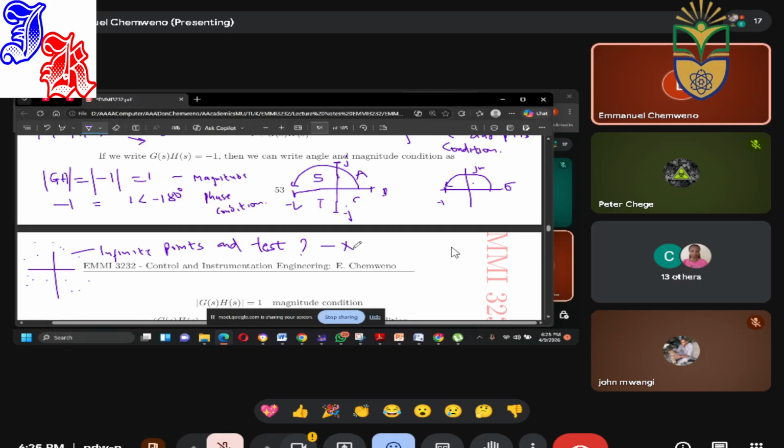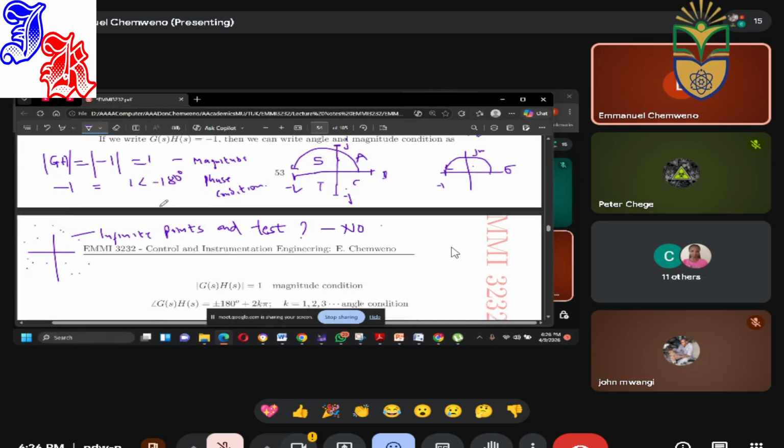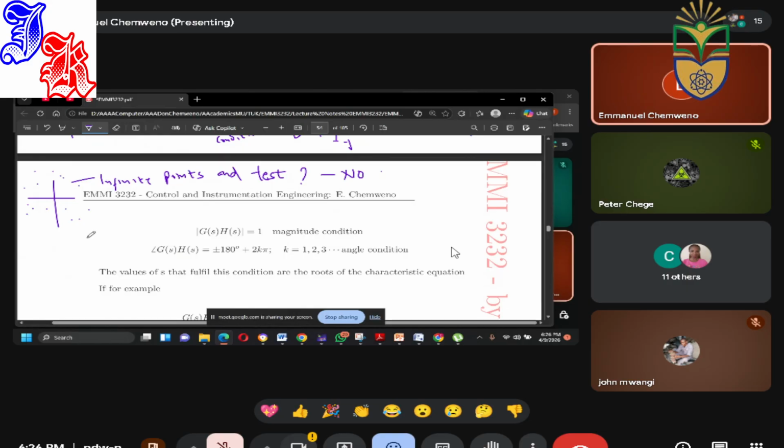The answer is no. We are not going to test whether all these points fulfill magnitude and phase conditions. We are simply going to apply rules for plotting root locus.